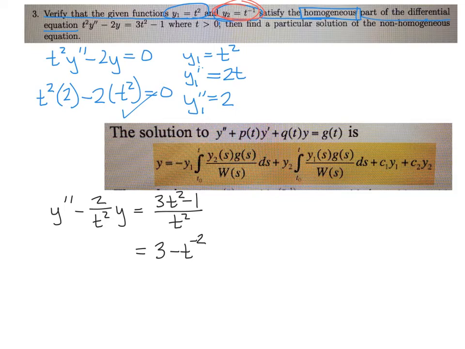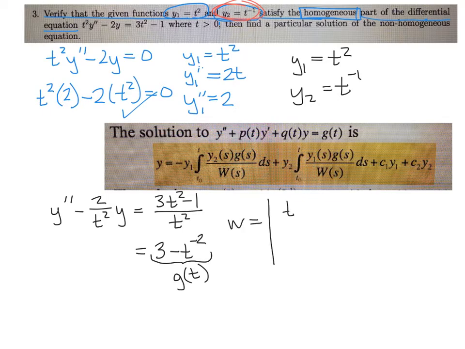So what this gives us is our g of t in order to plug it into this equation. We have our y1 and our y2. Our y1 is t squared and our y2 is t to the negative 1. And then we need our Wronskian, which is the determinant of our y1 and our y2 and their derivatives, 2t and then negative t to the negative 2.